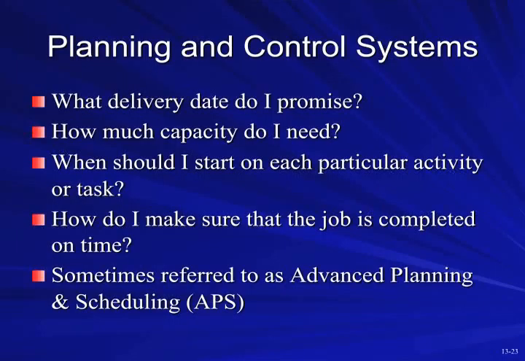A planning and control system focuses on the balance of delivery and capacity, and tries to get to answering questions like start and completion dates and control measures to ensure that the job's completed on time. And it's a monitoring and a planning technique.